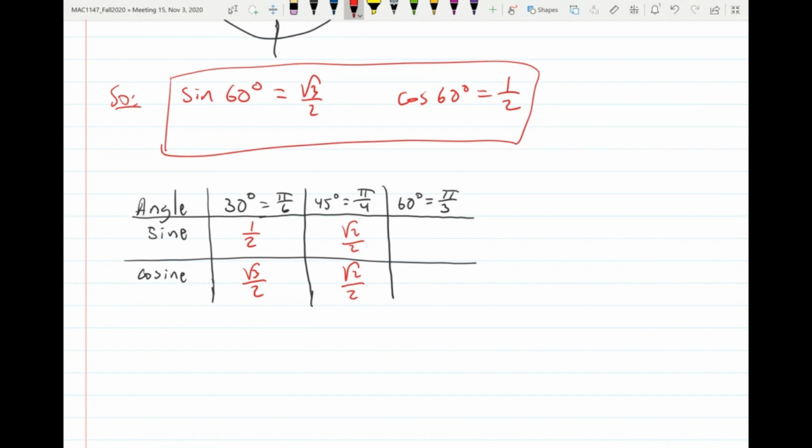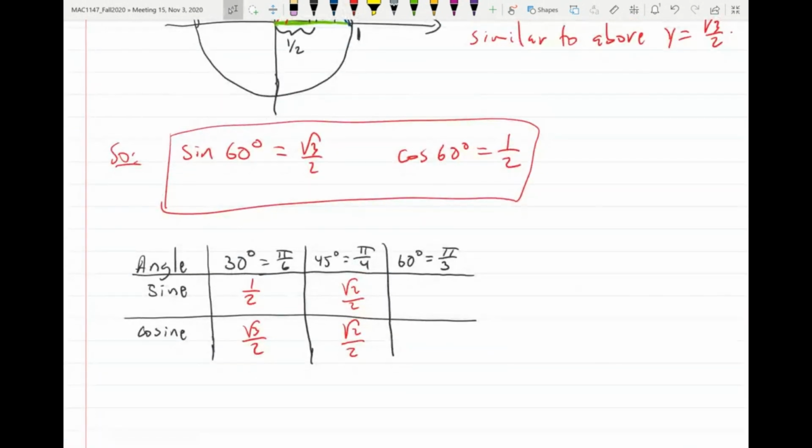Finally, 60 degrees, if you notice, has the same values as 30, but flipped. The sine of 30 is the same as the cosine of 60, and the cosine of 30 is the same as the sine of 60. So sine of 60 is square root of 3 over 2, and cosine of 60 is 1/2.